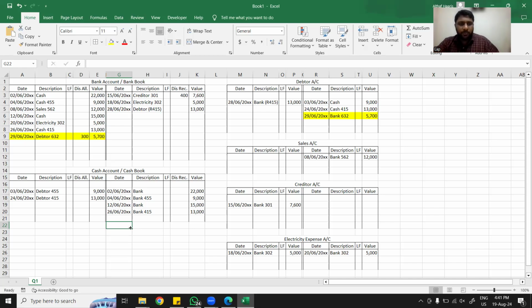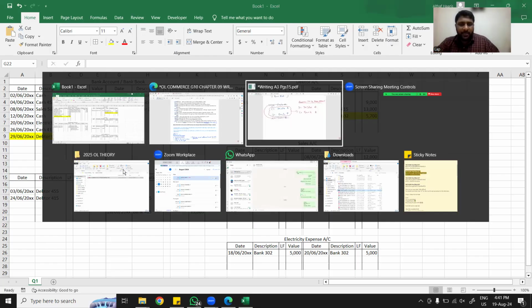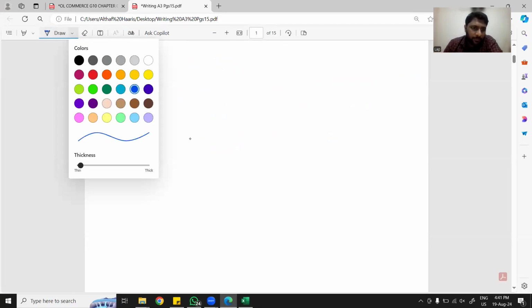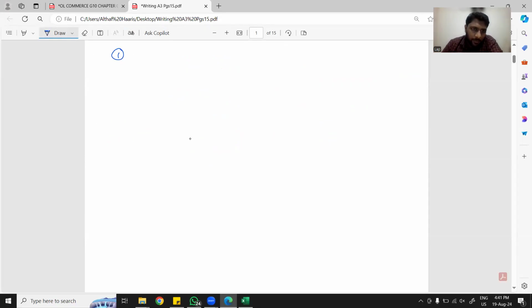So let me take certain key important learnings that we got here, people. First one, once we receive a check, we have to write it in the cash account.